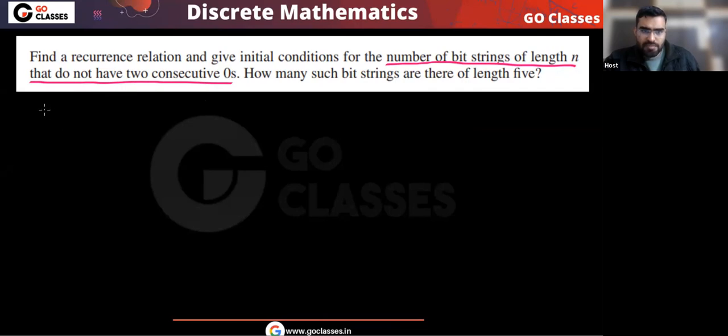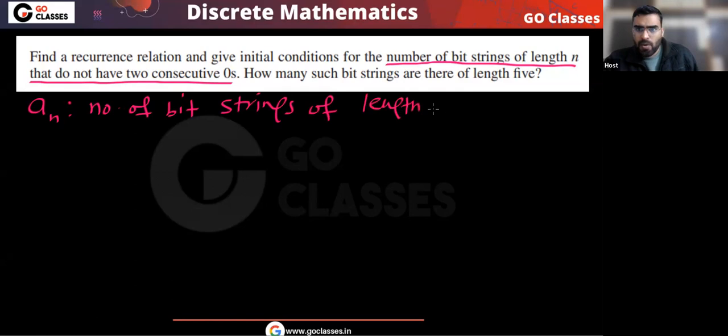So let us assume what an is. Let's assume an means the number of bit strings of length n without consecutive zeros.